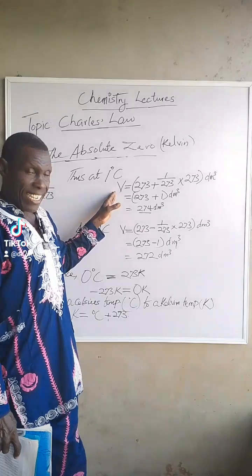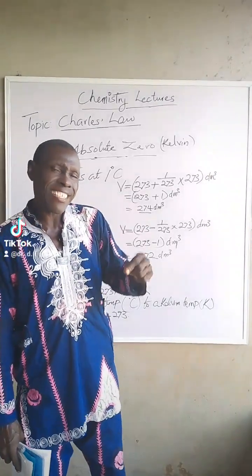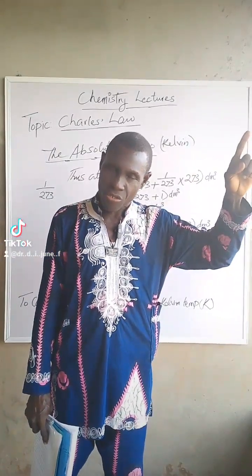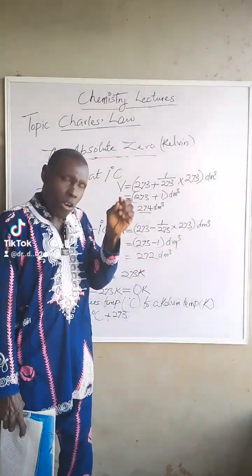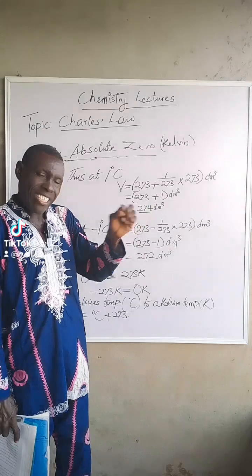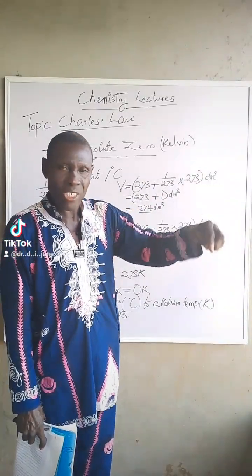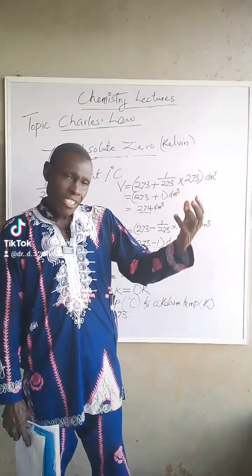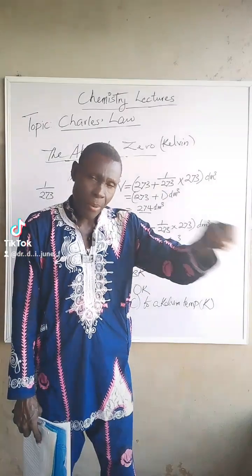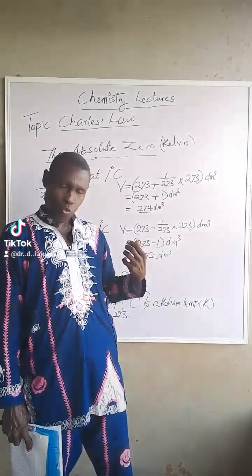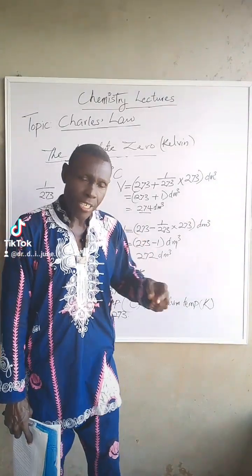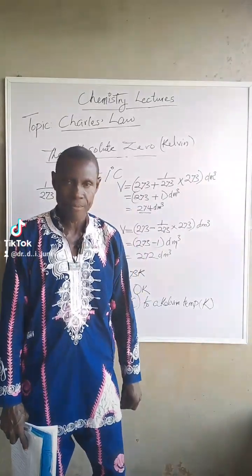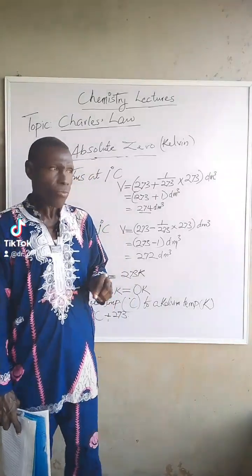Now, Charles is saying that if you increase the temperature from 0 degrees Celsius to 1 degree Celsius, one portion of that 273 will be added to the 273. And if from 0 degrees Celsius you reduce the temperature to minus 1 degree Celsius, 1 over 273 of the volume will also decrease. That's what he's telling you.